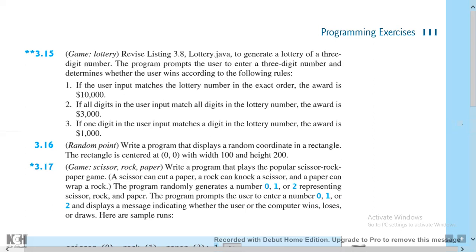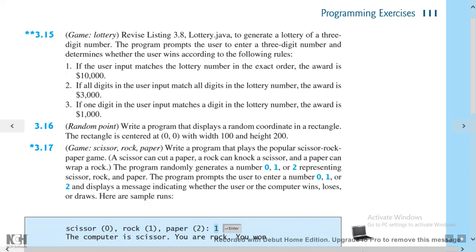So it's a game, a lottery game. Gosh, I can't even pronounce that. Anyways, what you've got to do is revise listing 3.8, the Lottery.java program, to generate a lottery of a 3-digit number. The program prompts the user to enter a 3-digit number and determines whether the user wins according to the following rules.